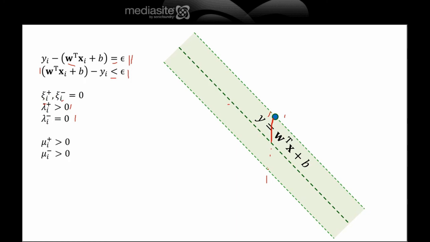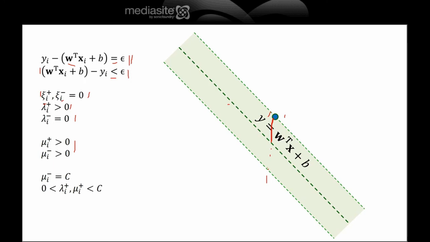And since zeta I plus and zeta I minus are exactly equal to 0, they are active constraints, whence mu I plus and mu I minus are both greater than 0.